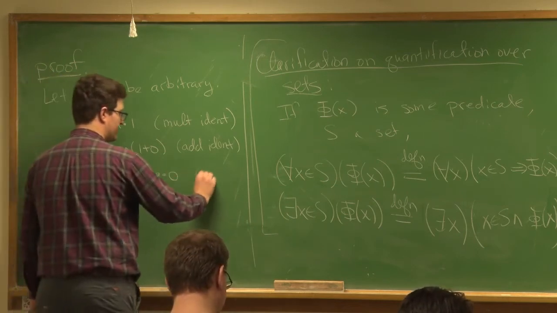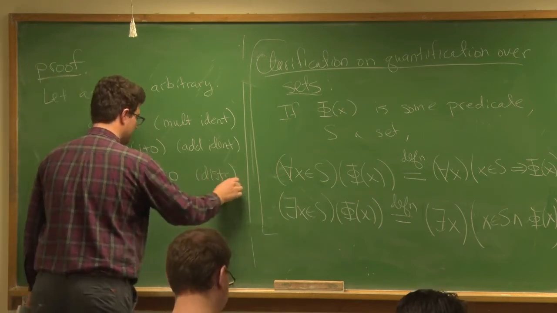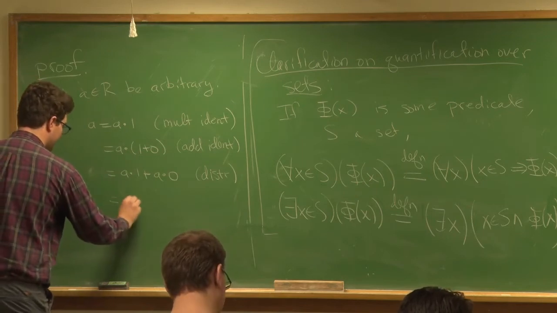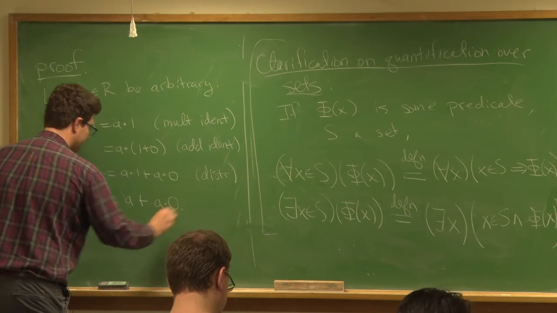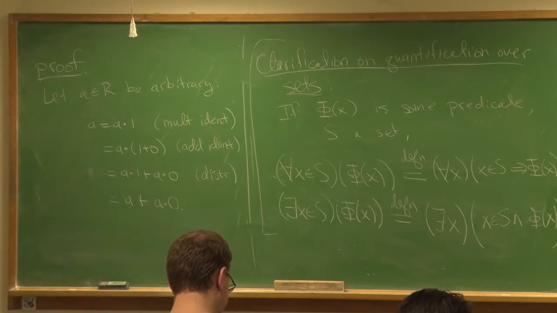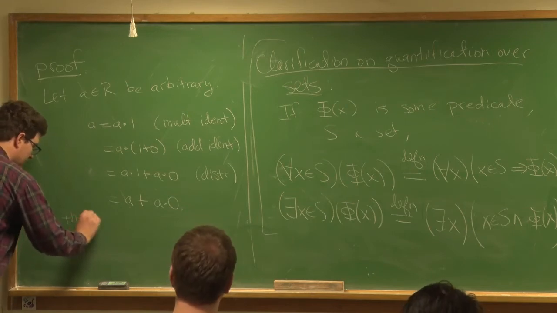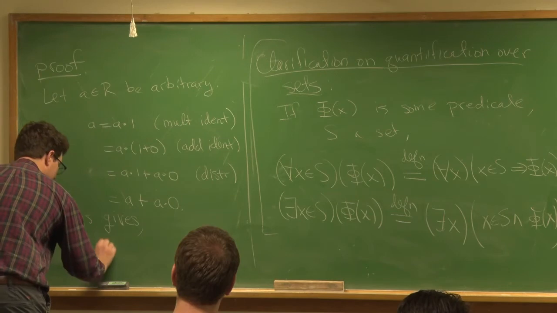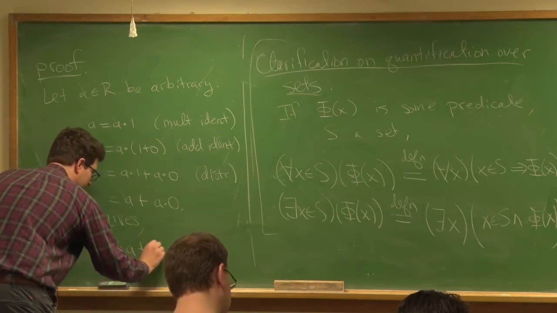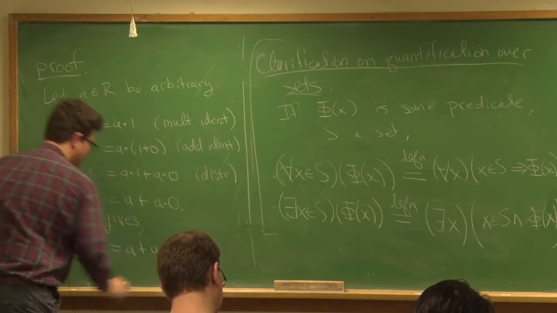This is the distributive property. Then we use the additive identity again, so this gives the equality A is equal to A plus A times 0.